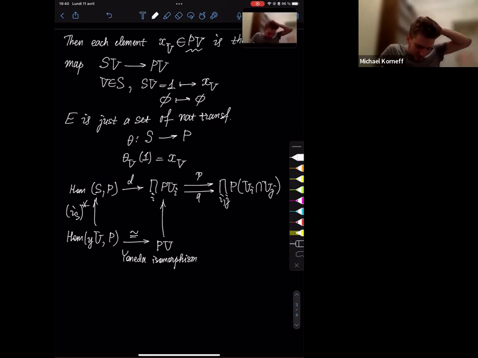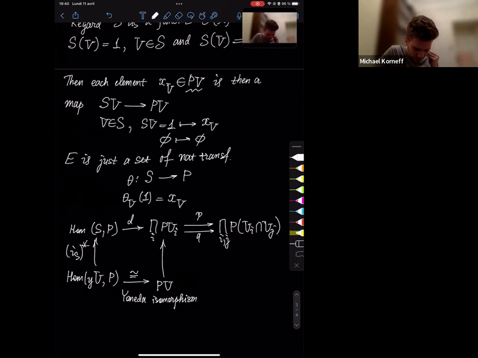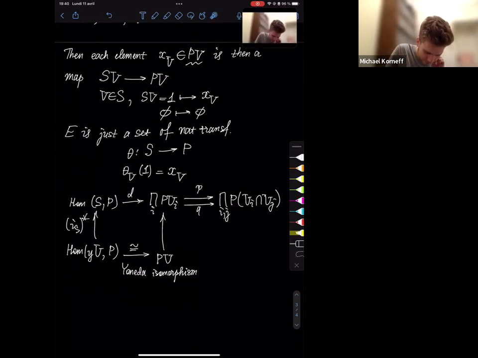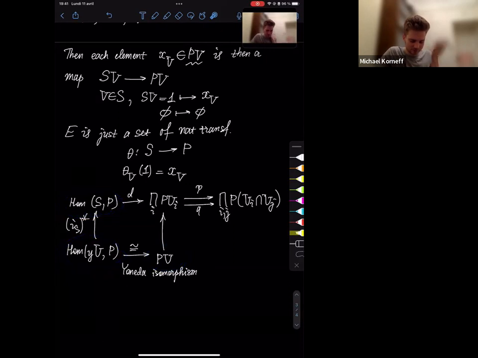And thus we should have that these objects are isomorphic, and hence these Homs must be isomorphic if we want to obtain that this object is an equalizer too.